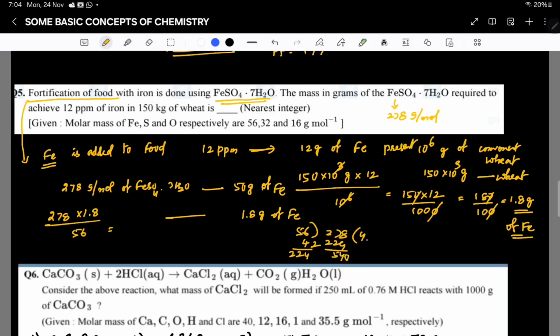Now you can take 0, so 56 9s, it will be around 4.9, student.